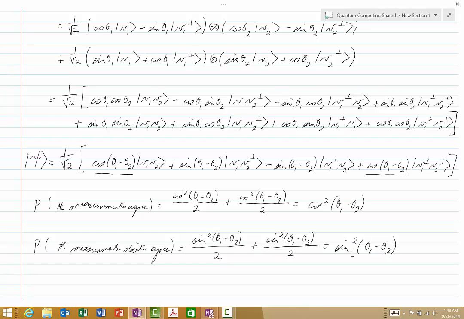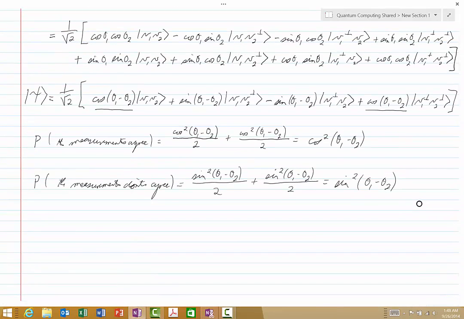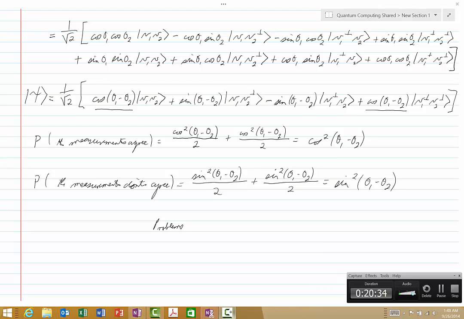So I believe that now you're prepared, or at least better prepared, to read that material right at the end of chapter 4 and understand what's going on there. So now I will do some problems, and these are more along the lines of review than being explicitly about the EPR paradox or Bell's theorem. So let's break for just a moment, and then we'll take a look at these problems.